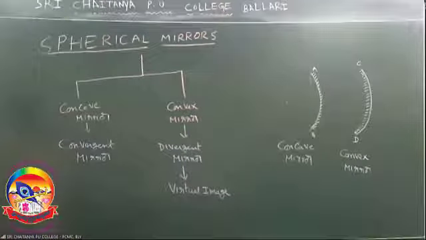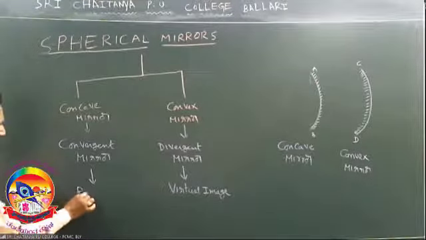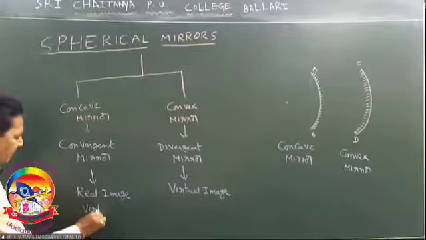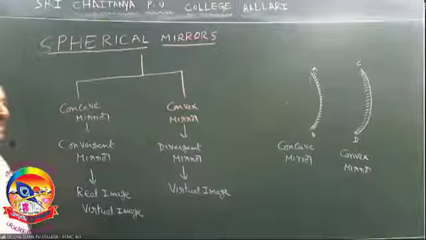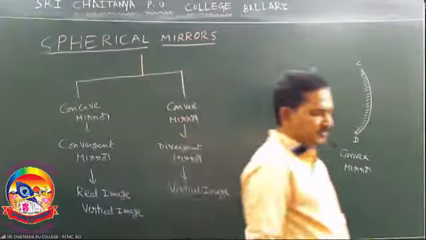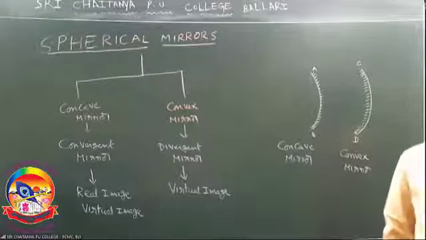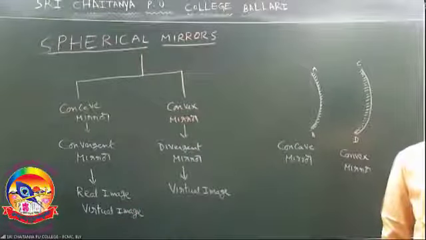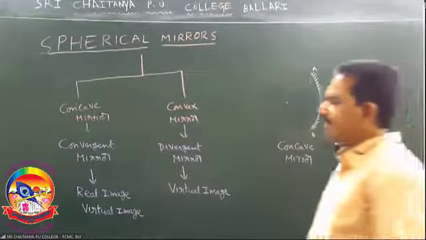But in the case of a concave mirror, depending upon the position of the object in front of the mirror, it will form either a real image or a virtual image. So I have to keep in mind, the convex mirror always forms a virtual image, whereas the concave mirror forms either a real image or a virtual image. So we know what is meant by a spherical mirror.